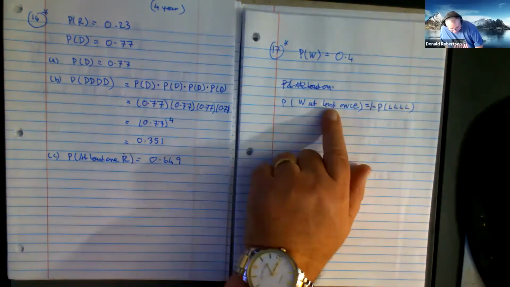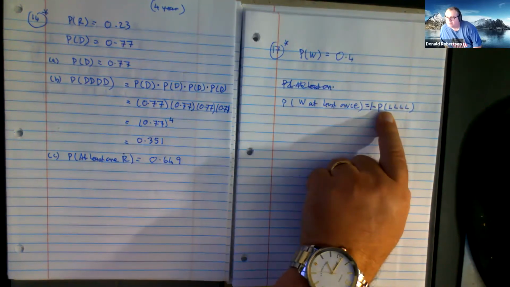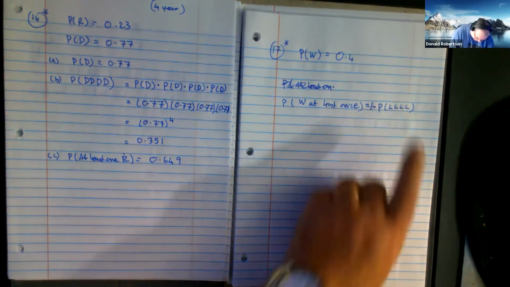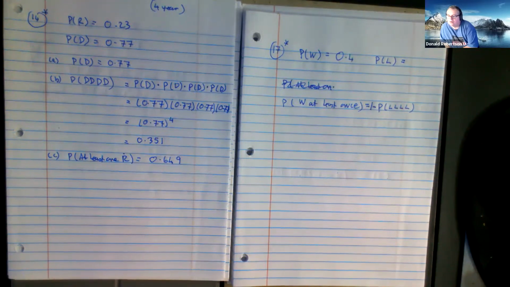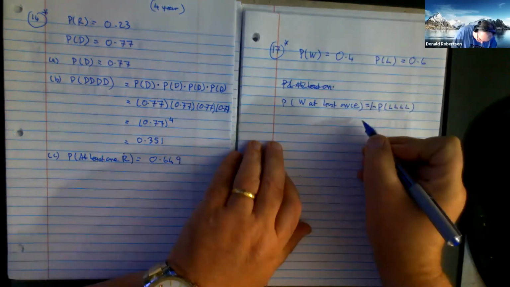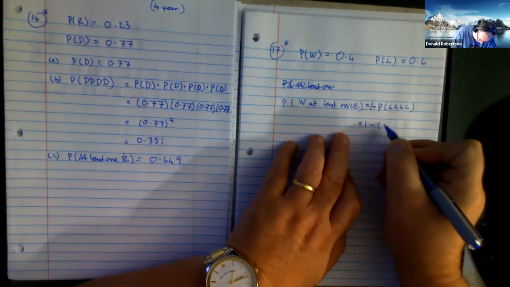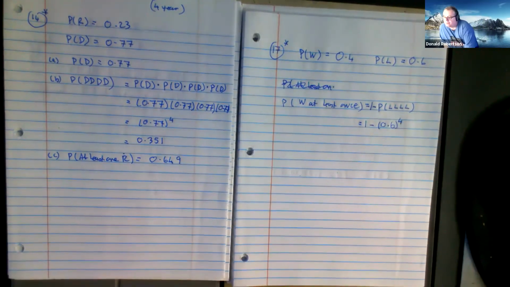So where was it? Right, so the complement of winning at least once becomes losing all the time. So we're going to get that. Now, to be able to get that, don't I need to know the probability of losing? What number is the probability of losing in this story? 0.6. Because it's a complement. So our answer is going to be 1 take away. Can I save some time and just do that so I don't need to write all the multiplications down?